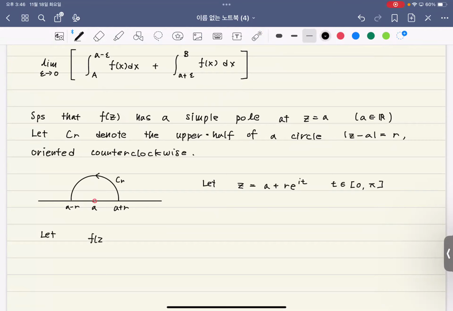Then this is the first negative coefficient times one over z minus a, plus some analytic part. I'm not interested in this part, so I'll just call it g of z. This is the Laurent expansion of f about a.